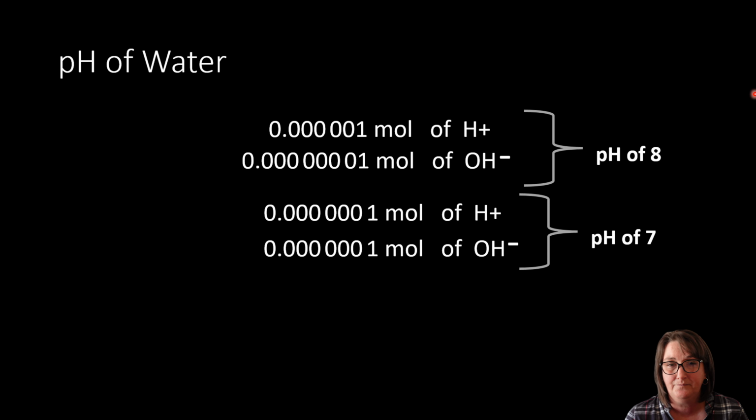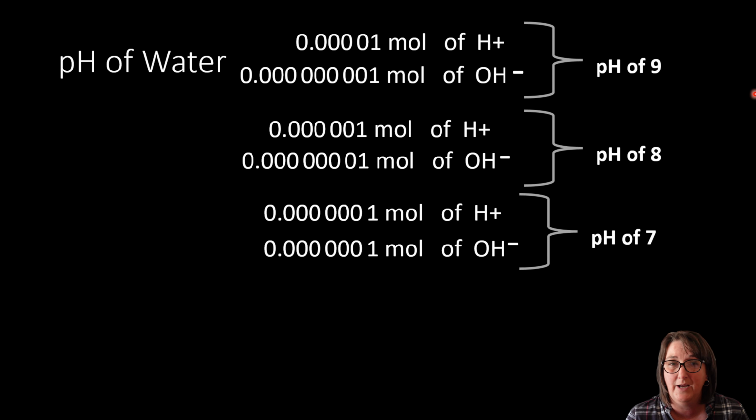I look at a pH of 9. This is going to be 10 times more basic than an 8. So I'm going to have 10 times more hydroxides than I did at 8, and 10 times fewer hydrogen ions than I did at 8. But if I jump from a 7 to a 9, this is 100 times, because 10 times 10 is 100. So a pH of 9 is 100 times more basic than a 7.